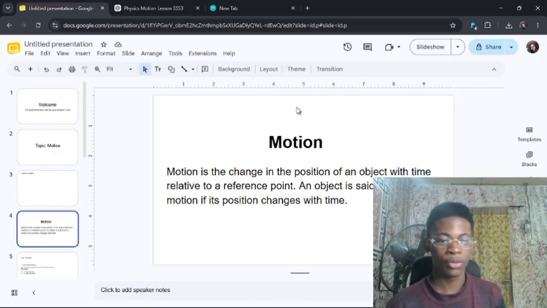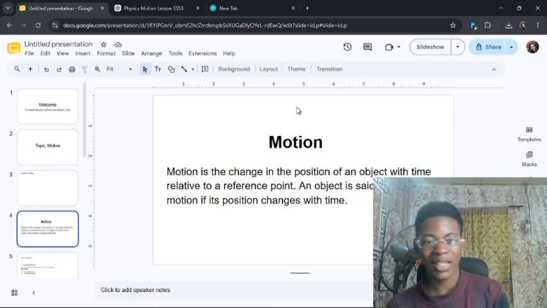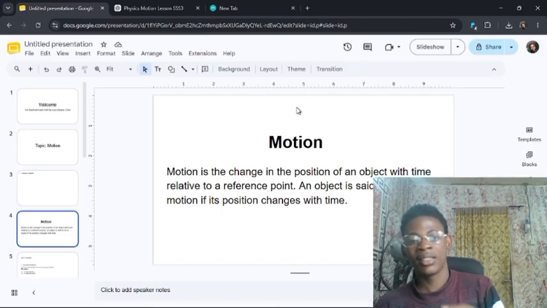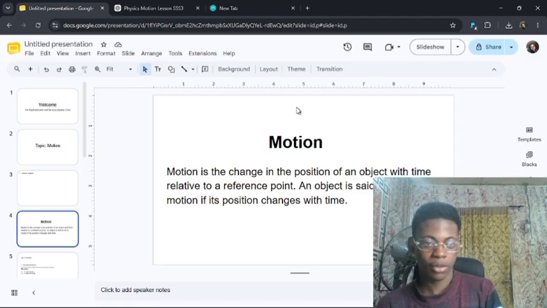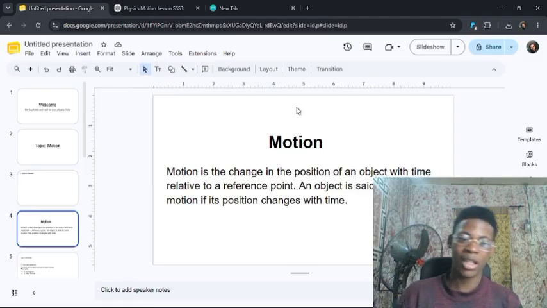A ball moving from one place to another is an example of motion. Any object whose position has been changed is said to be in motion.